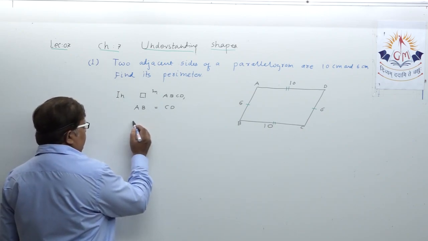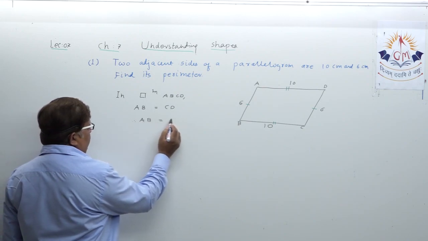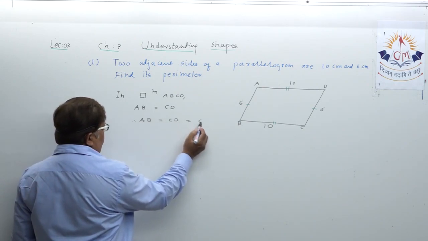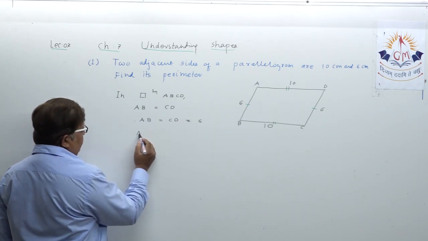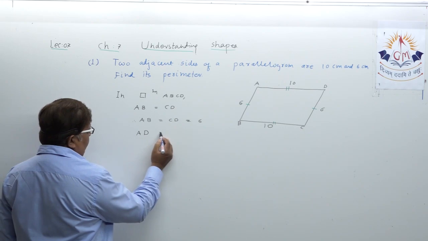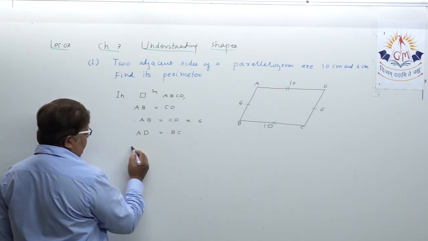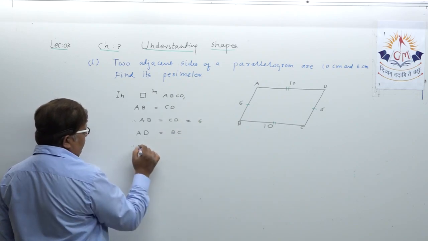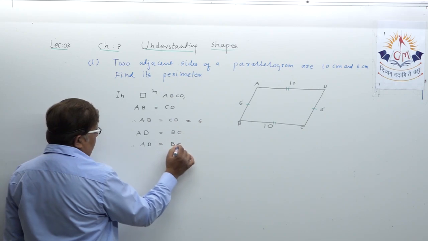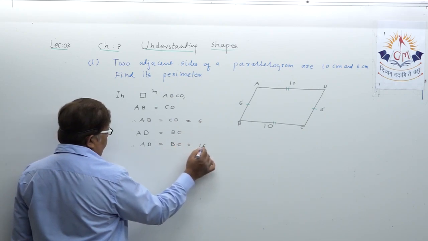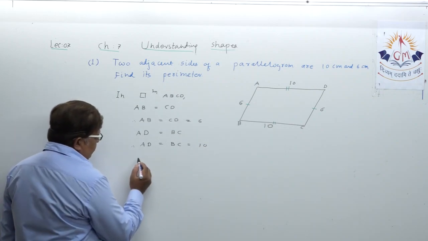AB equal to CD, therefore AB equal to CD equal to 6. Similarly, AD equal to BC, again another pair of opposite sides. So AD equal to BC equal to 10. Got all sides, dear student?